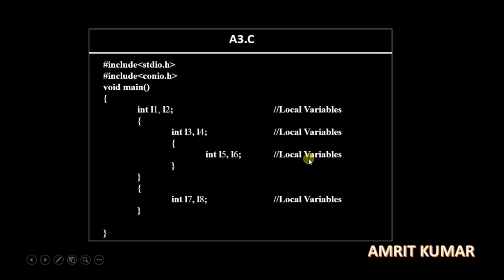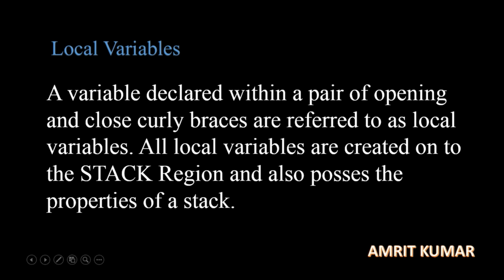Again this is a local variable because it follows the rule that a variable is declared within a pair of opening and closing curly braces, and that is a very important point. All the local variables are created in the stack region and also possess the properties of the stack. This is the meaning of local variables.